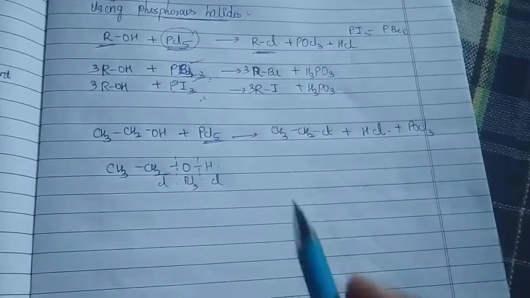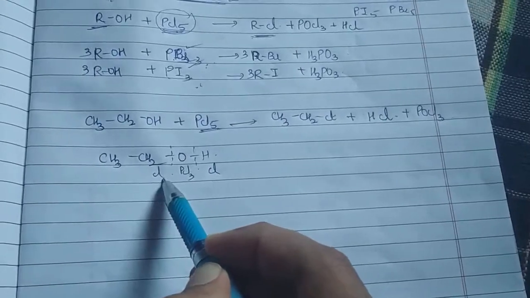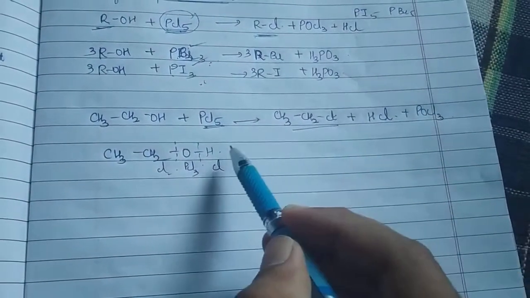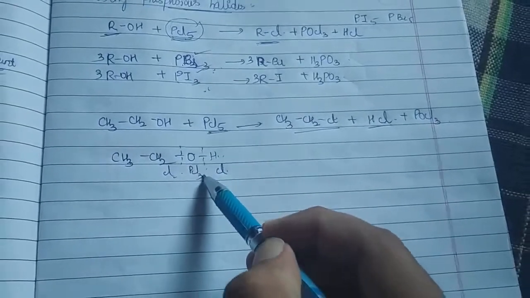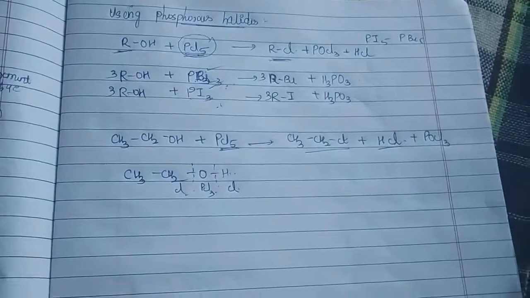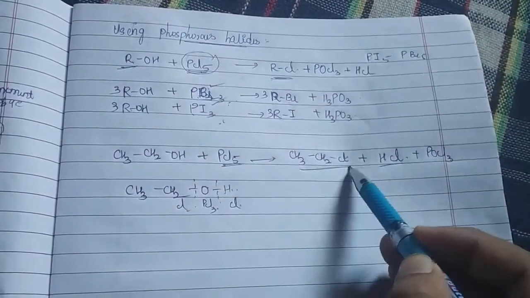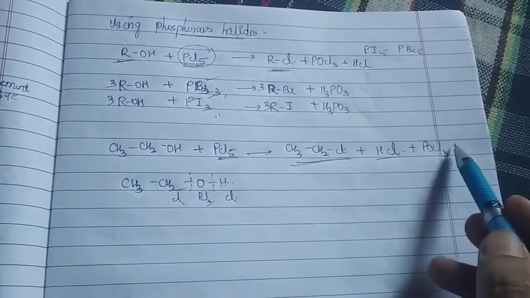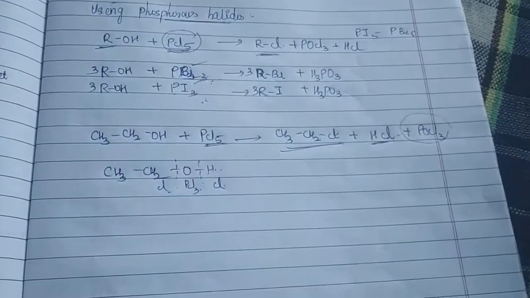You can see that the product is the same: CH3CH2Cl, yes; HCl, yes; POCl3. So this is the way we can remember these reactions. Whenever you treat with phosphorus pentachloride, you get the respective alkyl halide, with POCl3 and HCl as byproducts.